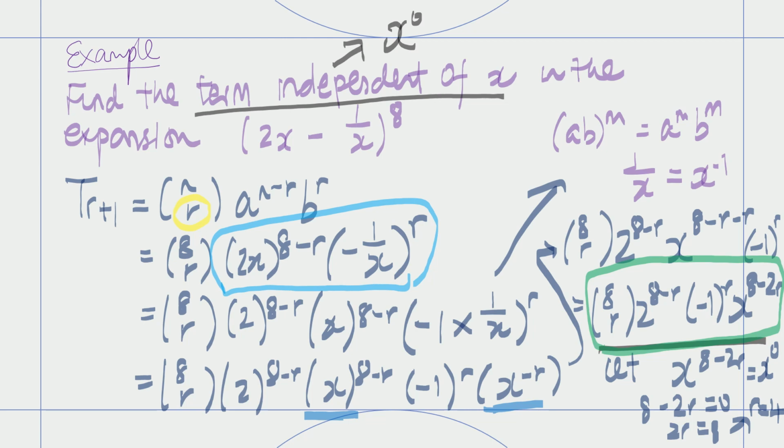The term independent of x, the fifth term, is equal to 8C4, times 2 to the power of 8 minus 4, which is 4, times negative 1 to the power of 4.